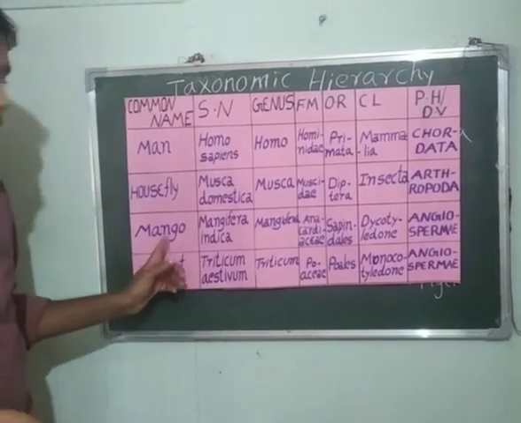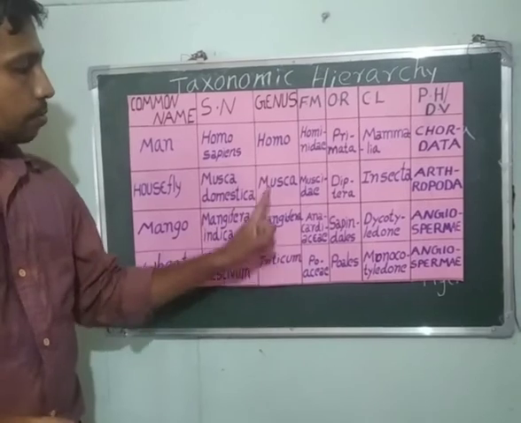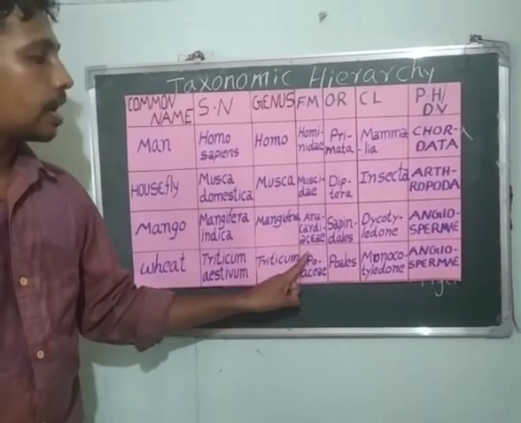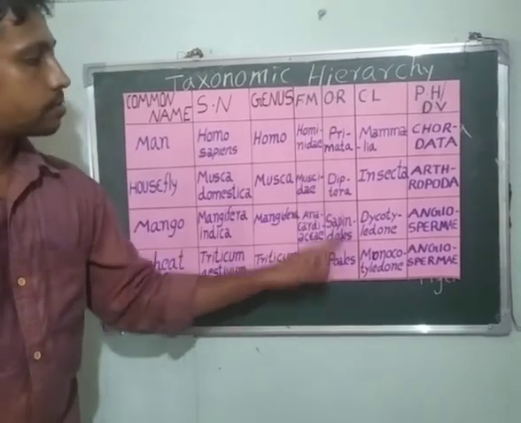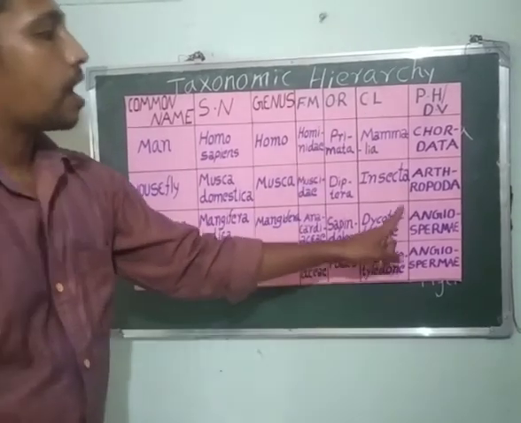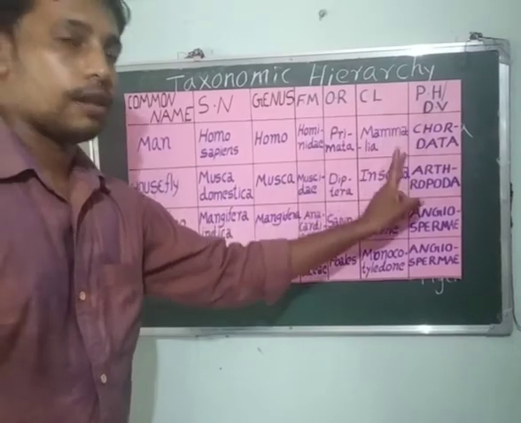Then mango, scientific name Mangifera indica, genus Mangifera, family Anacardiaceae, order Sapindales, class Dicotyledonae, then Angiospermae is the division, not phylum, division.